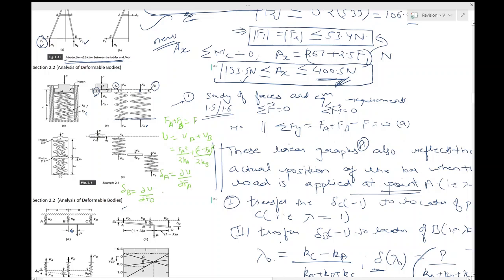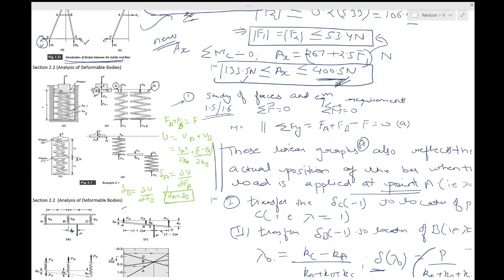Okay, but since delta A is the same as delta B, by geometric compatibility of this problem, you can find out what these values will be. So you will get rid of essentially FA and FB in this case. So that's how you can find delta in this case.